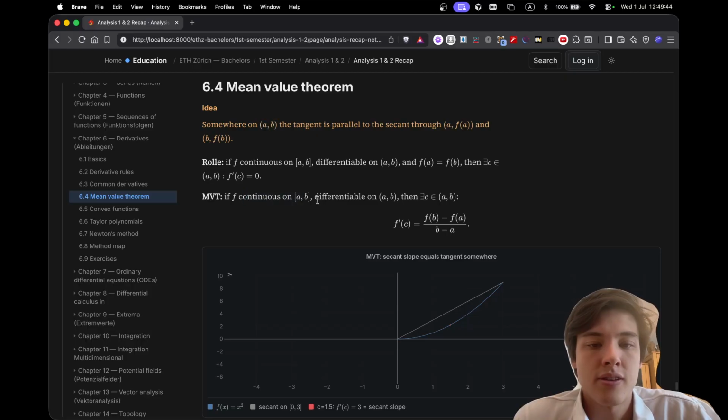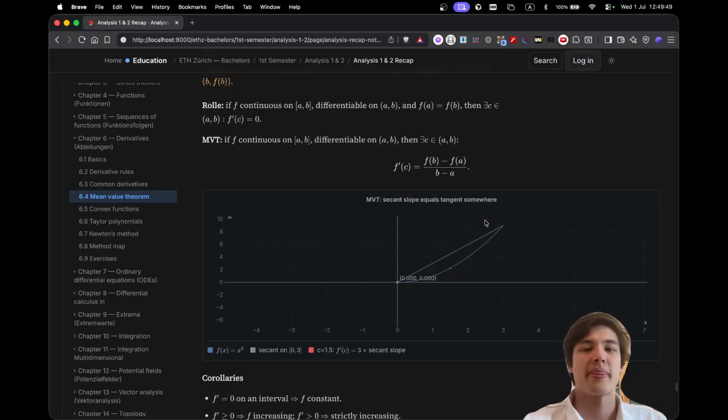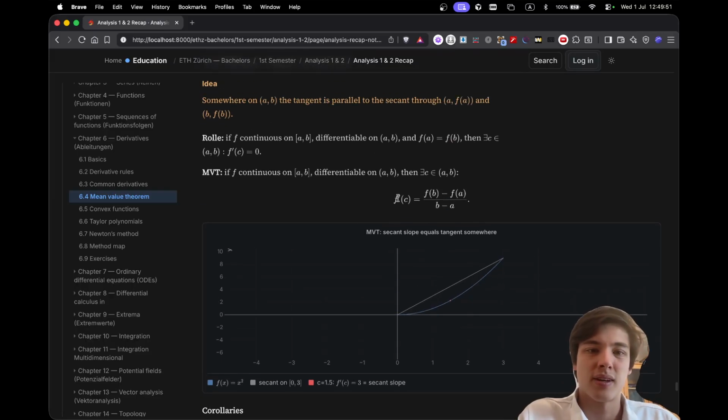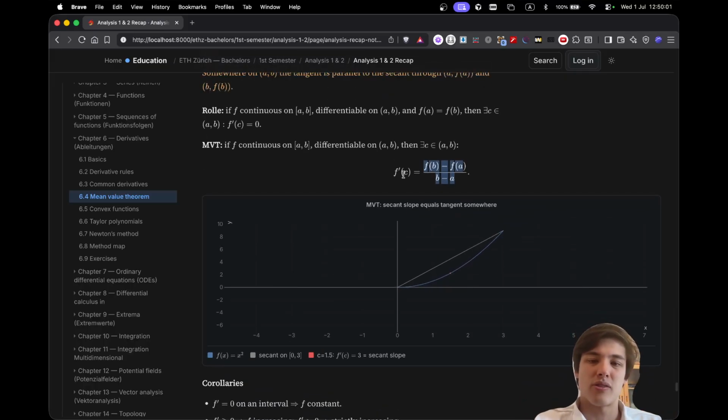If it's continuously differentiable, then we can do this. There exists a c somewhere in between where the derivative equals this number, this formula. So if we reduce A and B, we would get closer and closer to the derivative at the point that we want, let's say here.